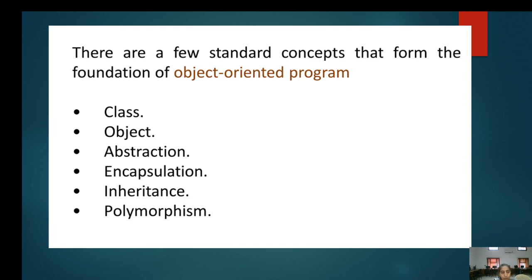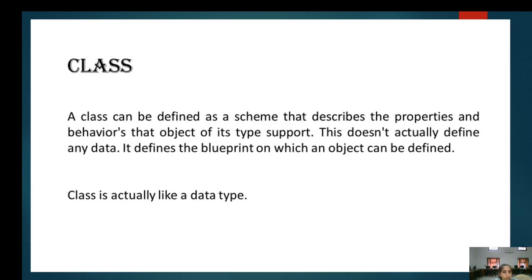So here the first thing is about class. What is class? A class can be defined as a scheme that describes the properties and behaviors that objects of its type support. Class is actually a data type.